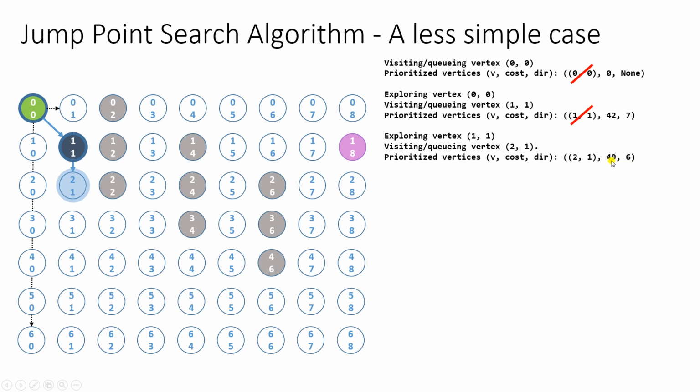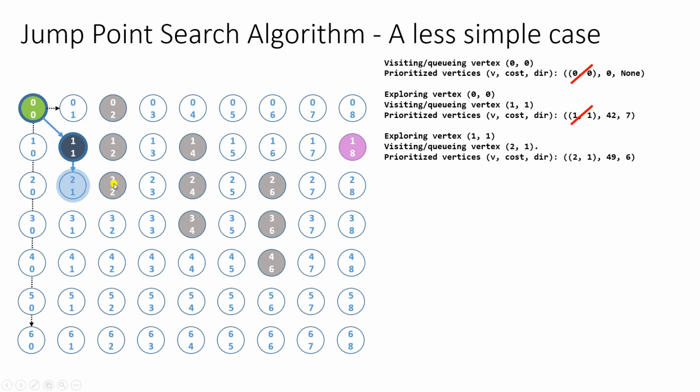Let's try to calculate how we came up with this 49. It's 7 in direction 7, 5 in direction 6, so 7 and 6 are 13. And now let's calculate the heuristic part. Remember the 13 on the side.